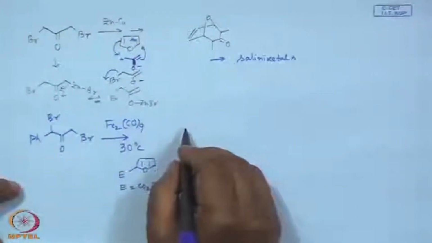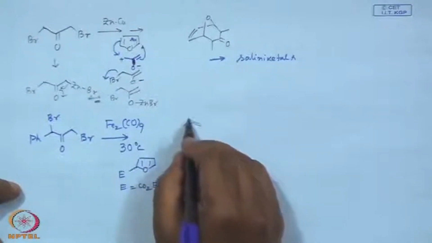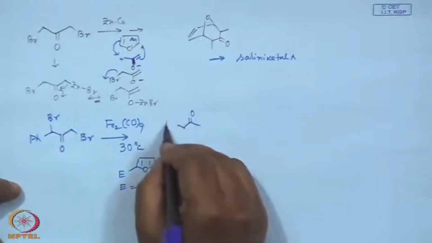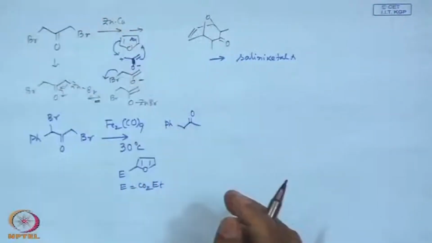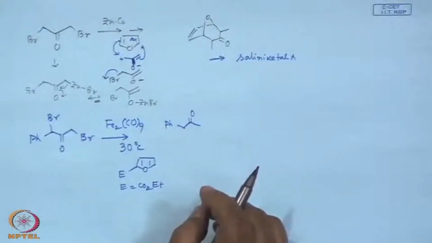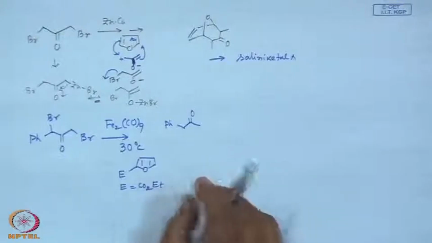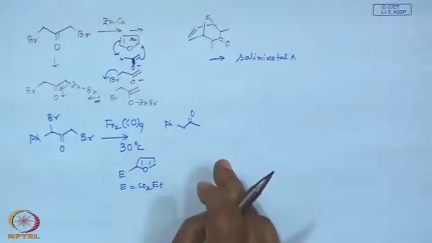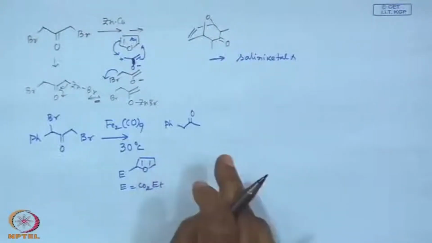So, that means you will have a ketone here, that means all these reactions are equivalent to reactions of acetone at the alpha and alpha prime positions as a plus and minus, that is it.